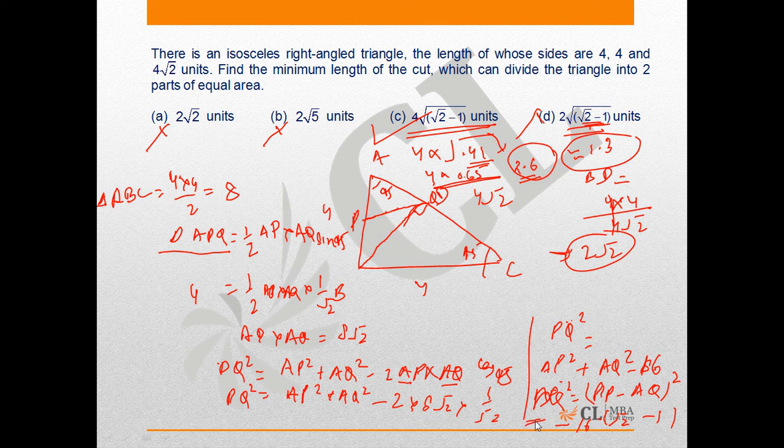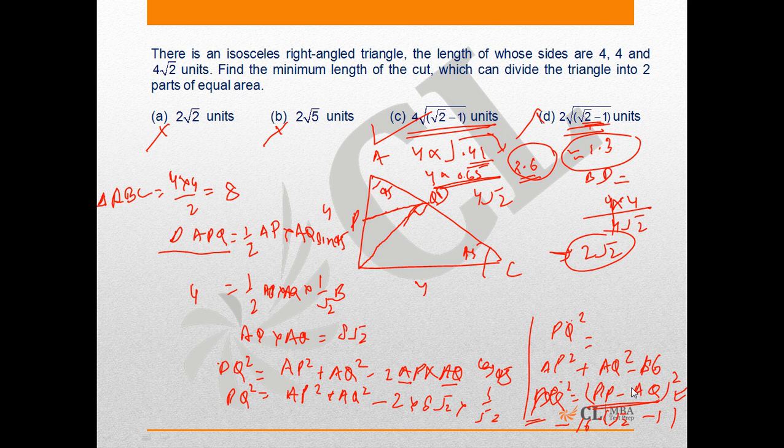We have to minimize the value of PQ, which means we have to minimize the value of AP minus AQ whole square. This is a square, which means it cannot be less than 0. Therefore the minimum value of AP minus AQ will be 0.